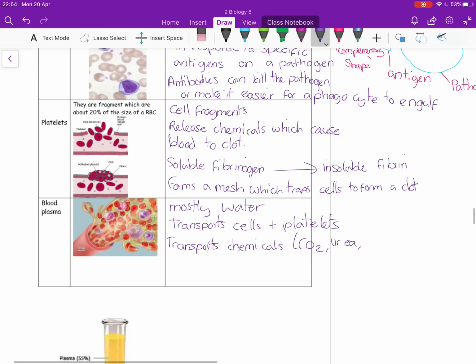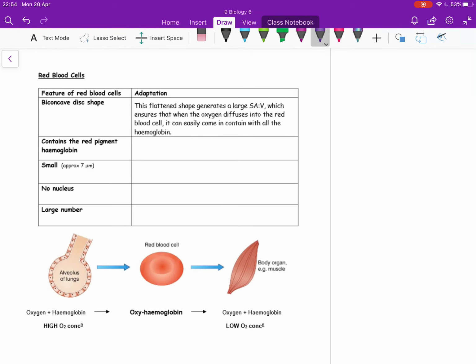Specific examples include carbon dioxide, urea, glucose, and hormones as well. There are other things as well, but that's just a few examples. Because blood plasma is mostly water, it does also contribute to distributing heat around the body, which is often commonly overlooked.